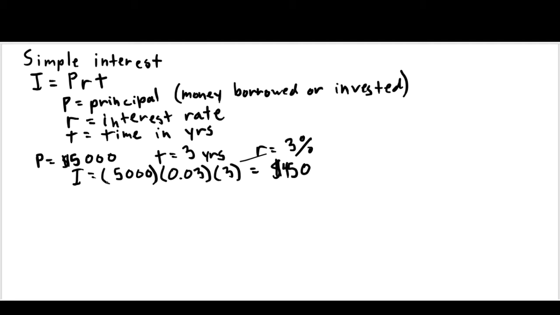The next time it's computed, it's based off of the original principal plus the interest from the first compounding period, so the amount of interest grows each time, right? Because every time you compute the interest, it's based off of a slightly larger principal.